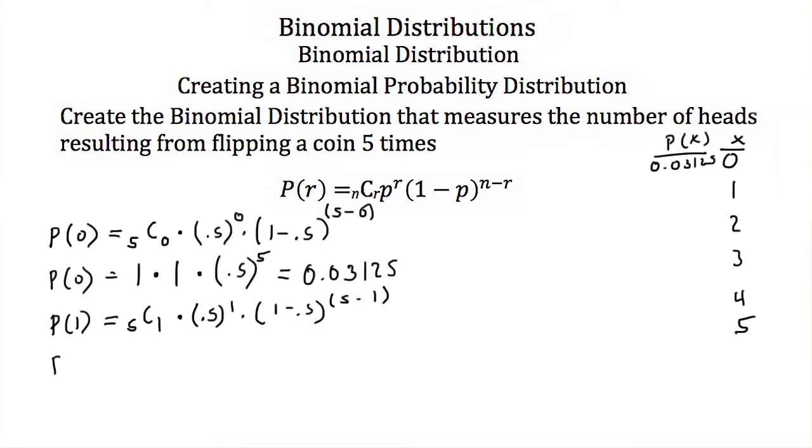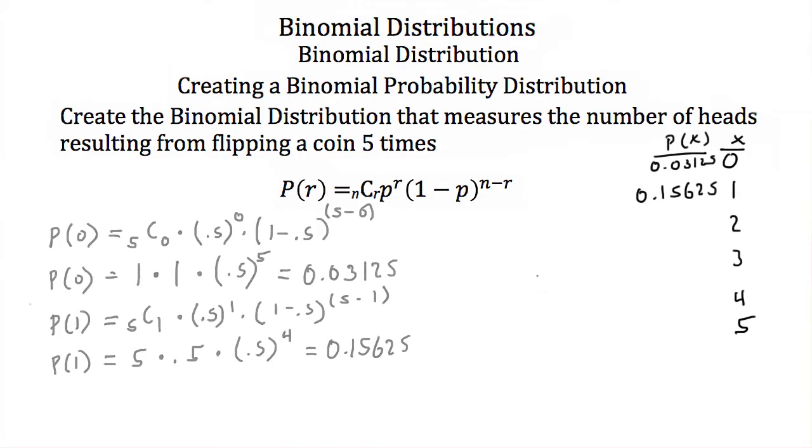So the probability of getting 1 head, 5 choose 1 is 5 times 0.5 to the 1st power, that's 0.5, times 1 minus 0.5, that's 0.5, to the 5 minus 1 power, or 0.5 to the 4th power. This comes out to be 0.15625. So the probability of getting 1 head is 0.15625.